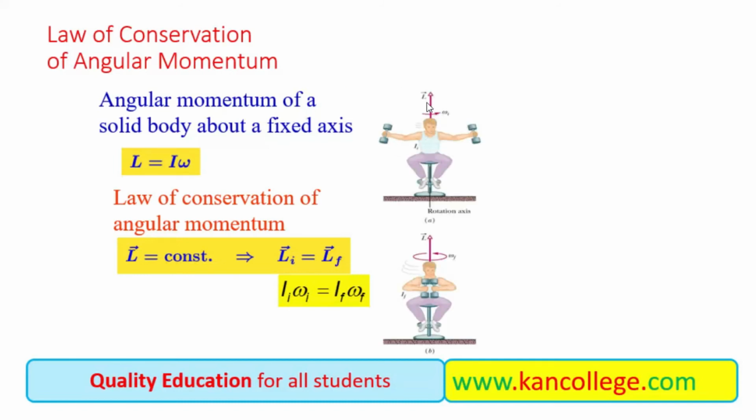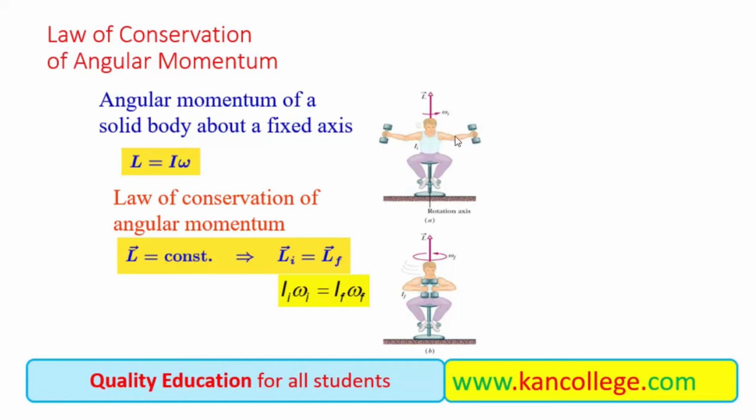For example, if this bodybuilder is rotating on a rolling chair with his arms stretched away and having dumbbells in his hands, and he suddenly squeezes his arms, then his speed of rotation omega will increase. It is because initially he has a larger moment of inertia. As we know, the moment of inertia I depends upon the mass of the dumbbell and the radius of movement of the dumbbell, that is equal to the arm length.